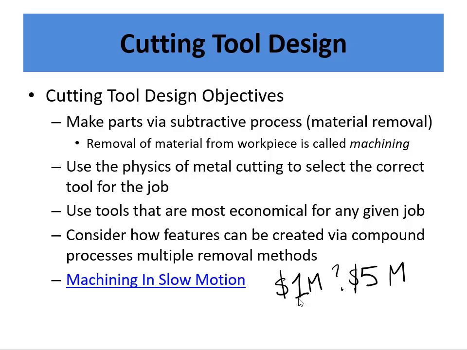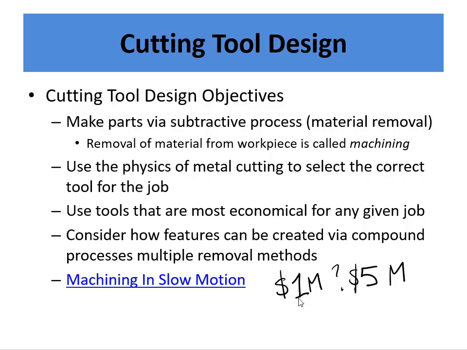Basically what that means is you want to see how you can make things more efficient. If you can use one tool to make 10 features, that's usually better than having 10 tools make 10 features. So that comes down to oftentimes the design of the part and designing for manufacturing. And so you're going to want to consider that, right?